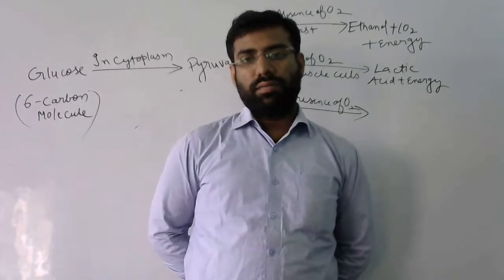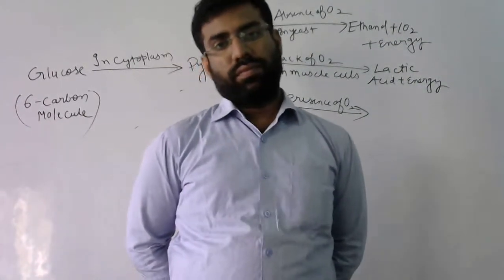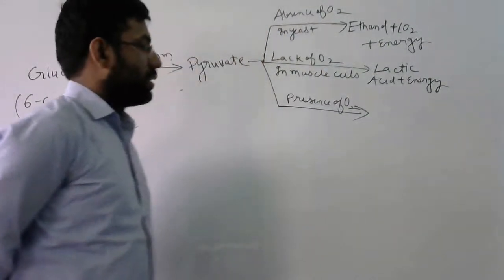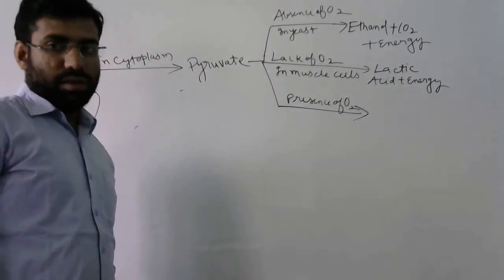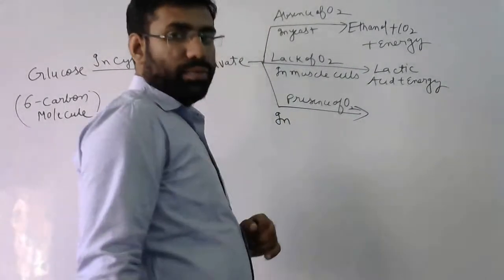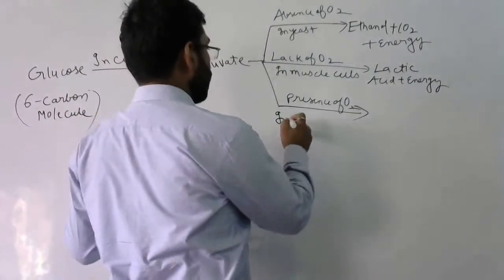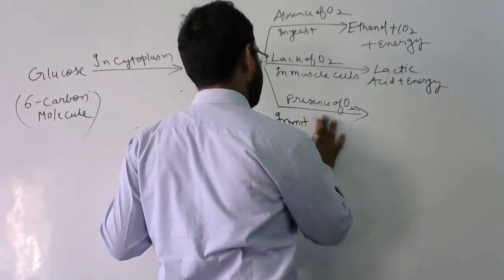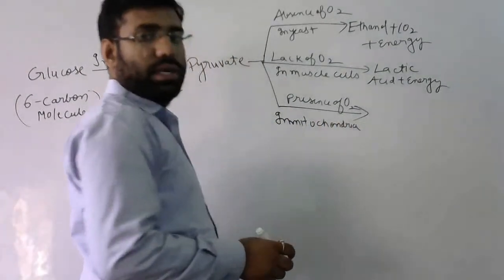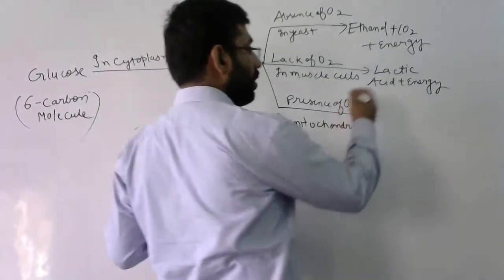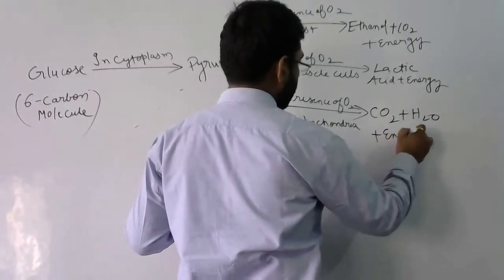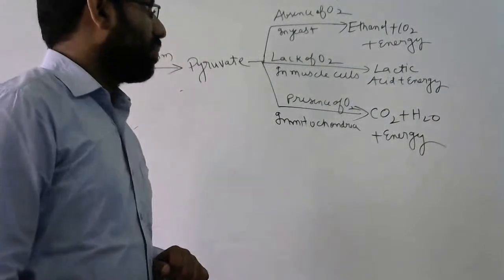So when there is presence of oxygen in mitochondria, it forms carbon dioxide, water vapor plus energy.